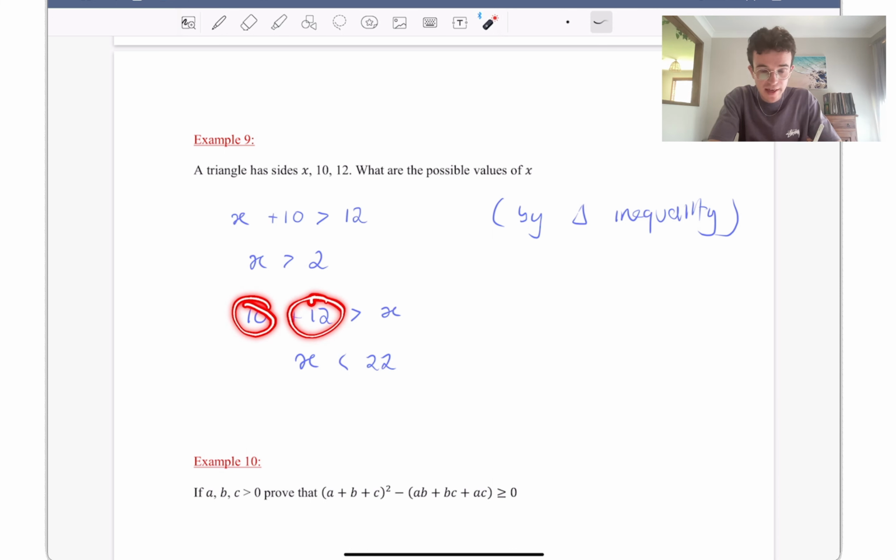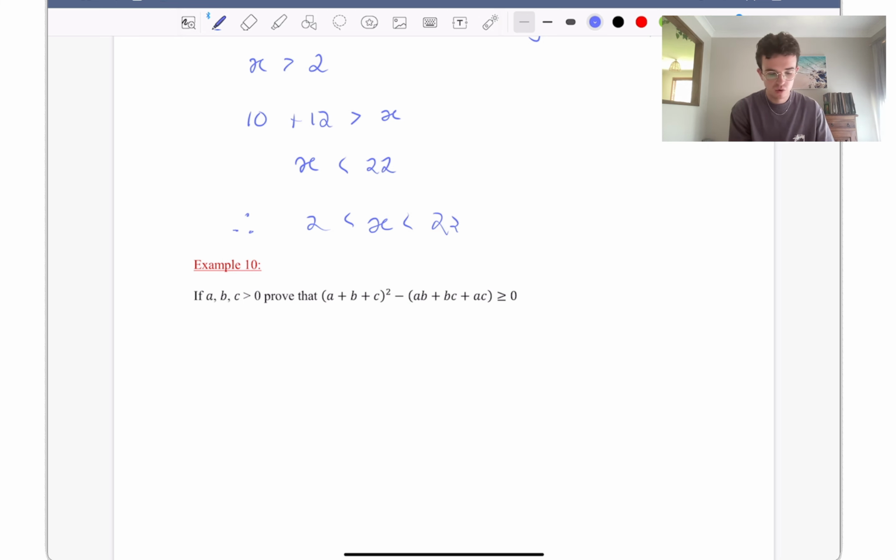Okay, if a and b and c are greater than 0, prove that this statement is also greater than 0. We'll look at the left-hand side and we're going to prove that it's greater than 0. So we might have a go at expanding the left-hand side.